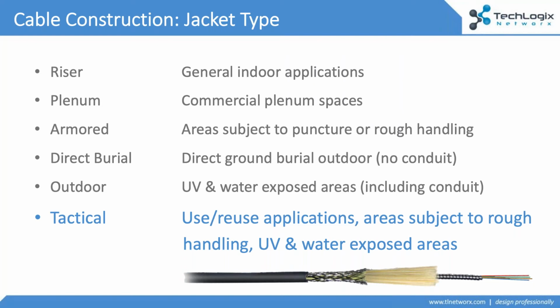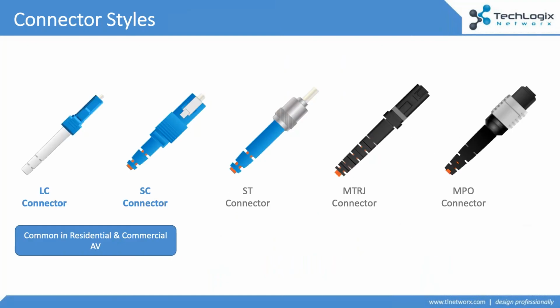But because a tactical has built-in armoring, it is water resistant, it is UV resistant, it can go in the ground. It is a cable that's built for not only rough handling, but also those outdoor environments. Tactical is one of the most flexible multi-purpose cables you will run into.